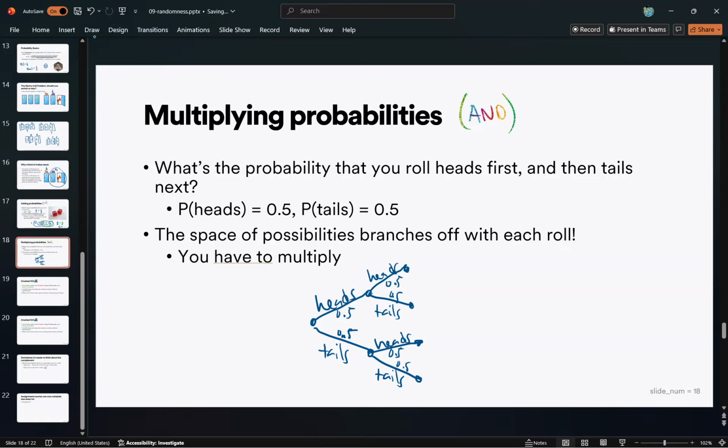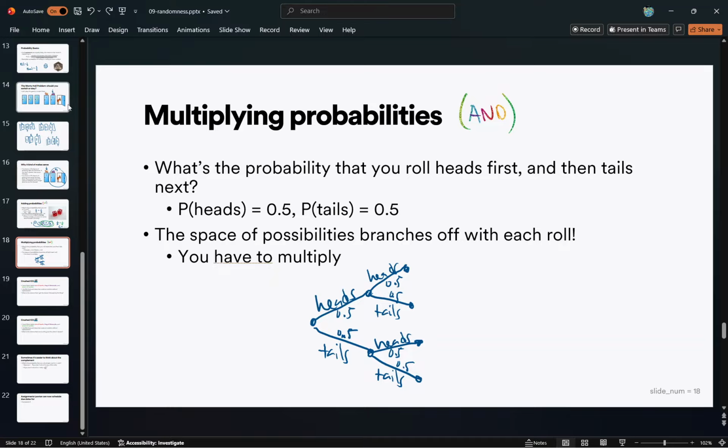So do you see how in the end, after flipping a coin two times, there are four potential ways things could have happened? You could have flipped heads twice, or first heads then tails, or first tails then heads, or tails twice. Those are your four options. You see how that happened?